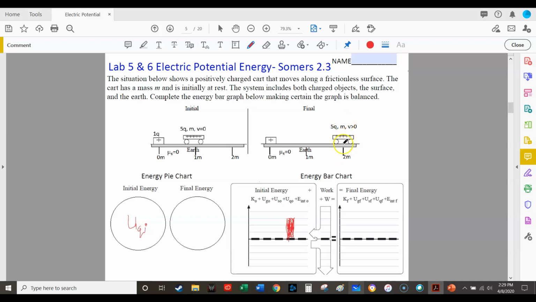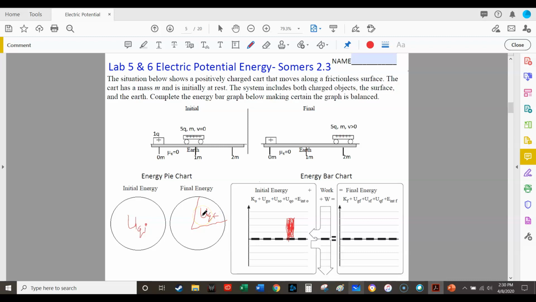But there still is an electric potential energy, but since it's further away, the voltage has decreased, right? This positive guy right here is causing a weaker potential energy. The further you get away from here, the weaker the voltage. So I'm going to say that the electric potential energy final is substantially smaller.